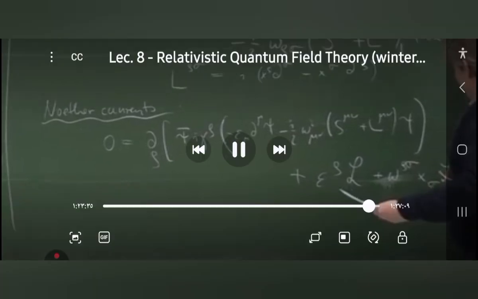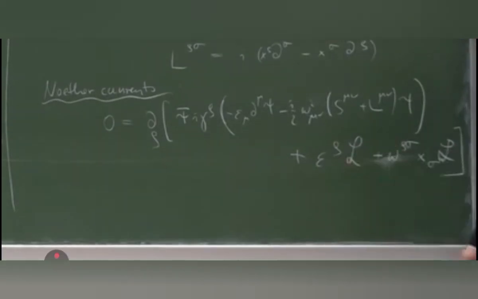So this is one bracket here, plus epsilon rho times L plus omega rho sigma x sigma times L. So this is our conservation law, and that is the same as yesterday in the exercise.